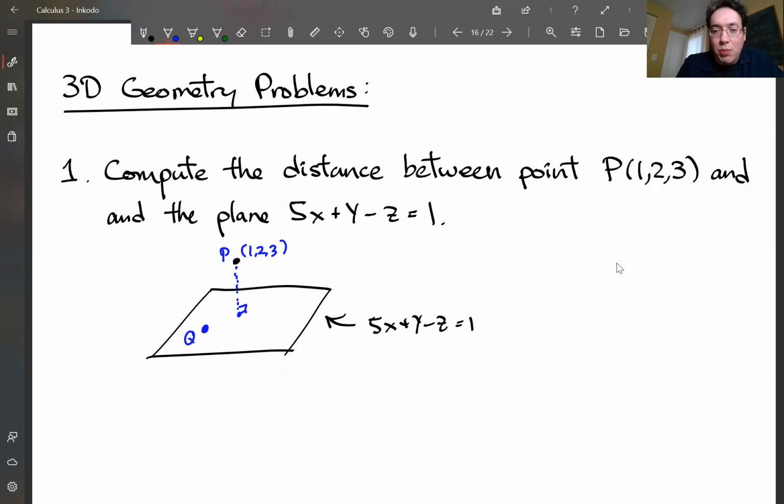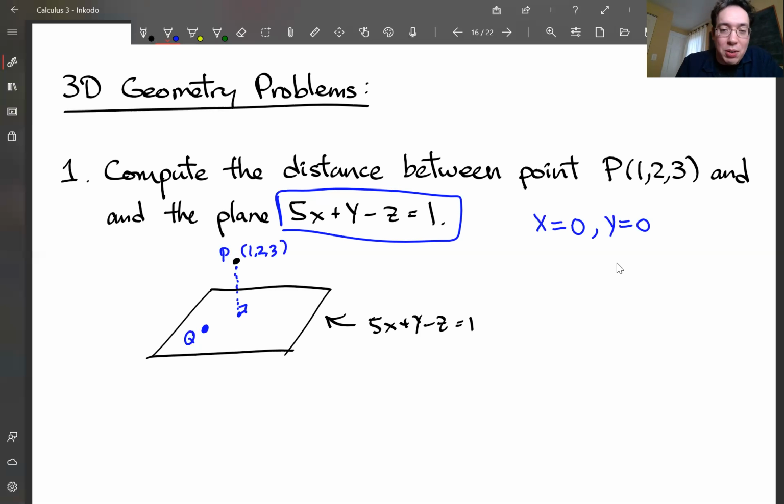And how do I do that? Well, we have an equation that the plane satisfies. So we could plug in x and y, and solve for what z is. I like simpler points, so I'm just going to plug in x equals 0 and y equals 0 into this equation.